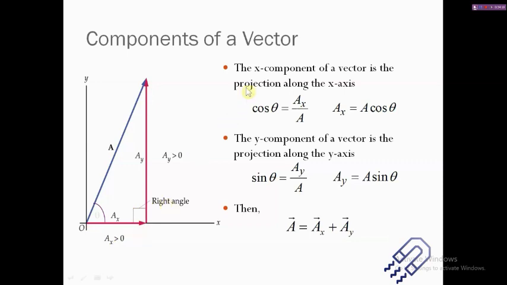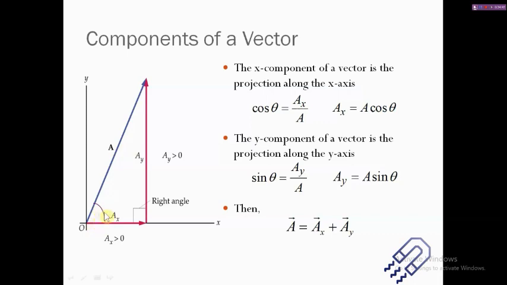The x component of a vector is the projection along the x-axis. Now what is cos theta? It is nothing but base divided by hypotenuse, or more specifically, adjacent side by hypotenuse. So always remember it in terms of the adjacent side, the side which is adjacent to theta.